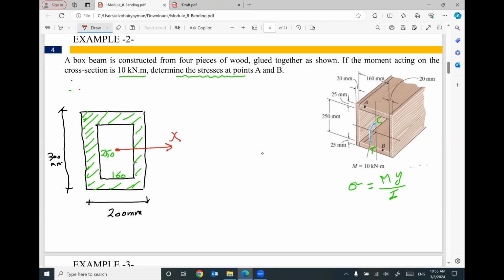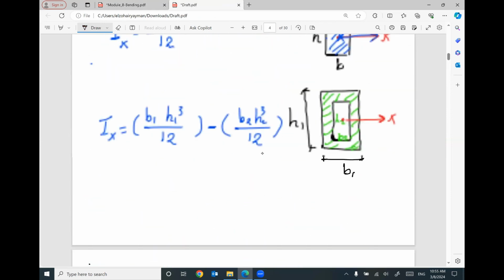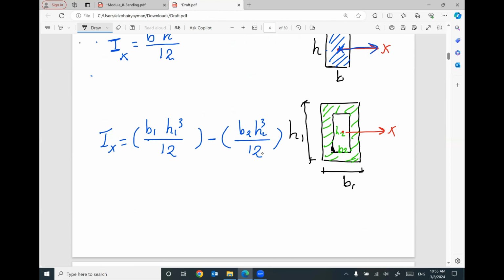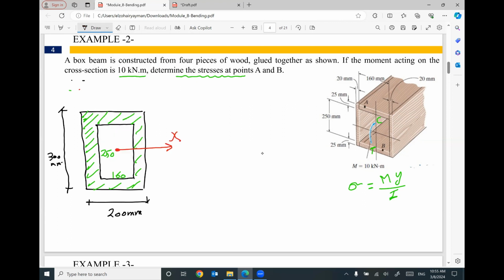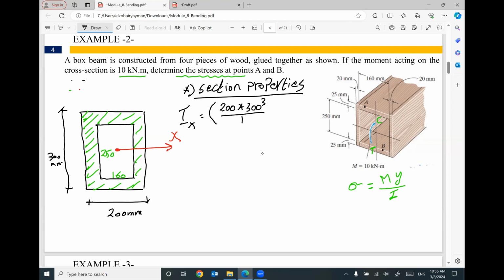I think this cross section looks like a case that I covered before. If you have 2 rectangles, one inside the second one, I can find the moment of inertia using this expression. So the moment of inertia about x will equal the outside rectangle, 200 times 300 cubed divided by 12, minus the inside rectangle, 160 times 250 cubed divided by 12.